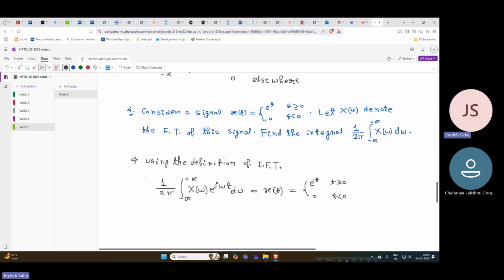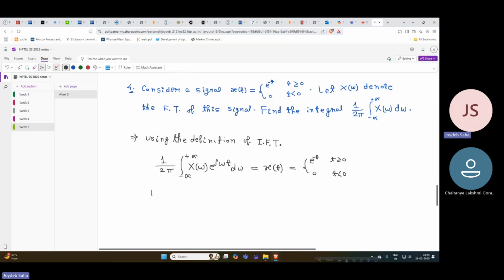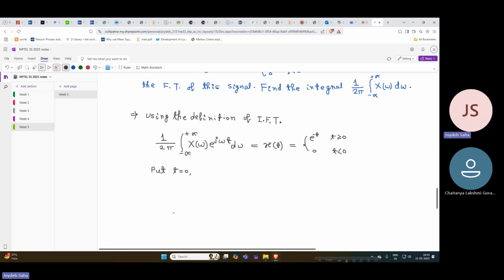Fine. Now put t equal to 0. Then we will get 1 upon 2 pi, integral from minus infinity to plus infinity of X(omega) d omega, equal to x(0), which will be 1.